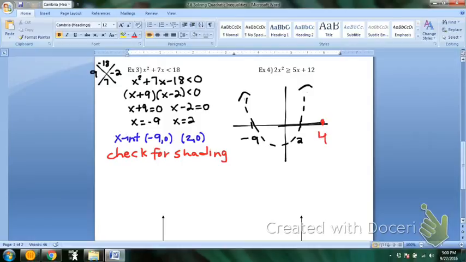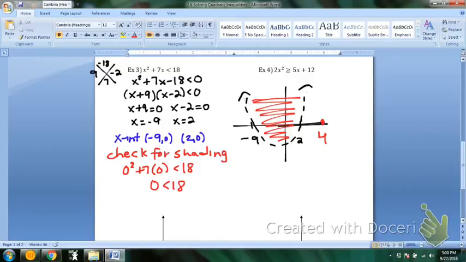But 0 just makes things easier. Okay, so if we plug a 0 in, I have 0 squared plus 7 times 0 less than 18. Is 0 less than 18? Yes, so I'm going to shade where 0 is. So I'm going to shade in the middle here.